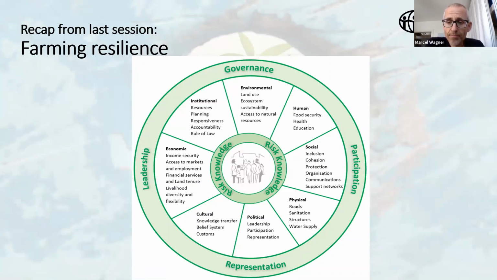Then this includes the 8 main thematic areas which cover the basic aspects of life. And in the center is risk knowledge, which is a very important element. If you don't know the risks, we cannot really act on it. Next slide.